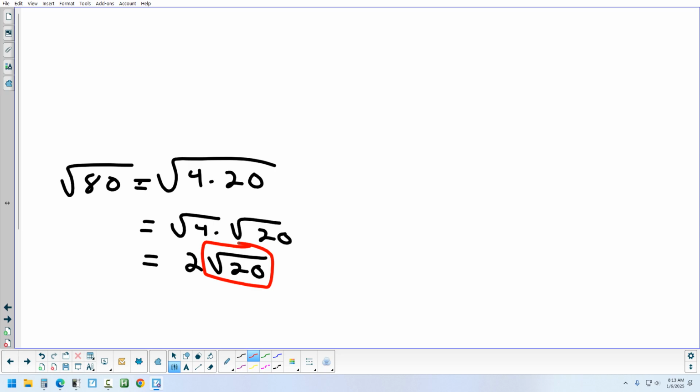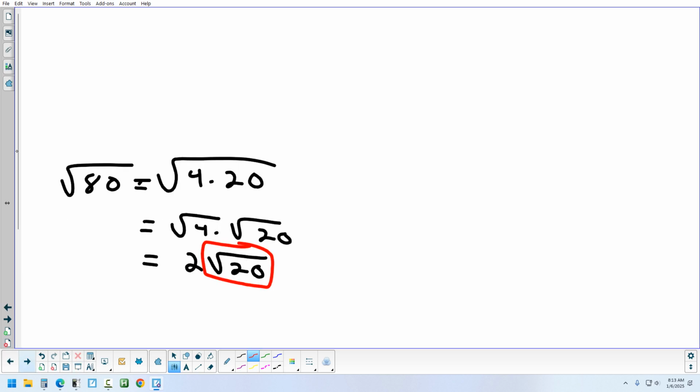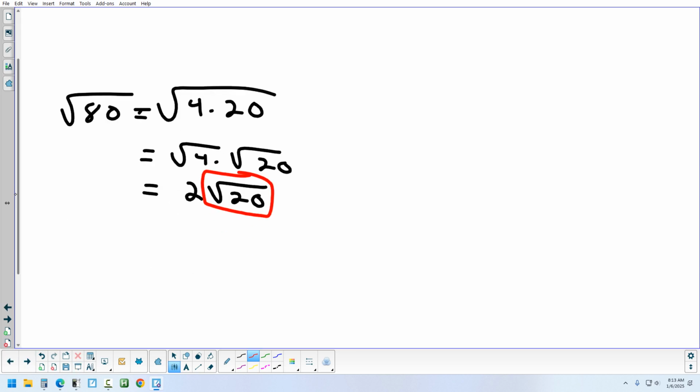We know square root of 20 simplifies because that's a problem that we did earlier. So if you don't pick the biggest number that you can in that list, you're going to have to do the process twice. So let's look at what would happen here. How did we break up square root of 20 earlier? Anyone remember what we used? Yep. We did 4 times 5.